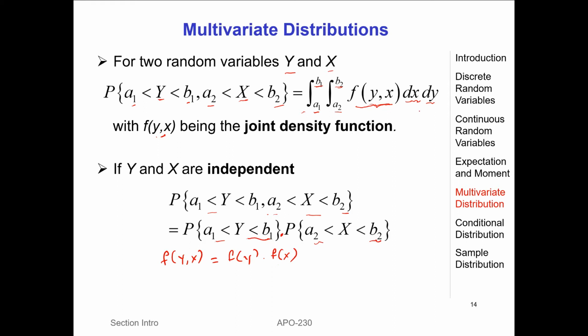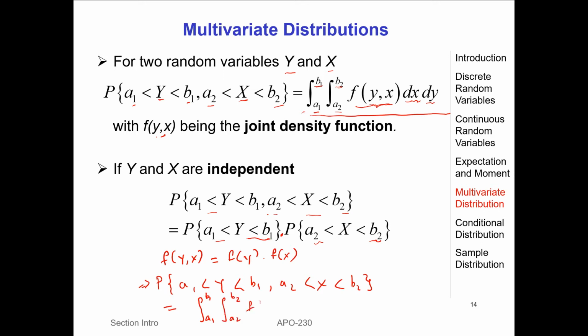Therefore, this part, the integral, becomes, but let's write it, a1 to b1 for y, a2 to b2 for x, simply becomes the integral from a1 to b1, then the integral from a2 to b2, of fy times fx times dx times dy.